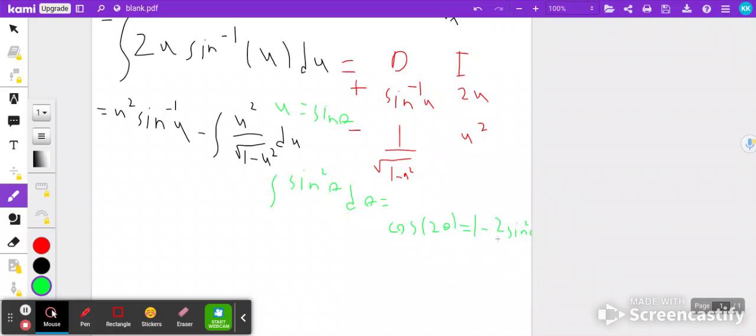And so if we add 2 sine squared theta, subtract this and divide, we can see that this is basically the integral of 1 minus cosine of 2 theta, all over 2, d theta.